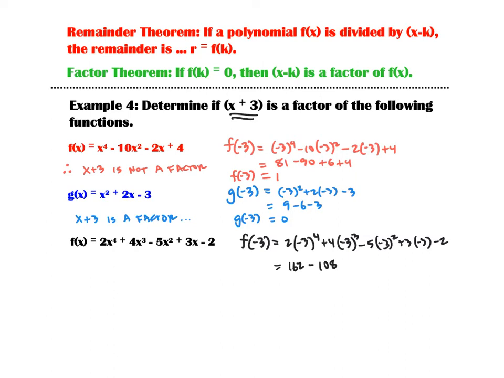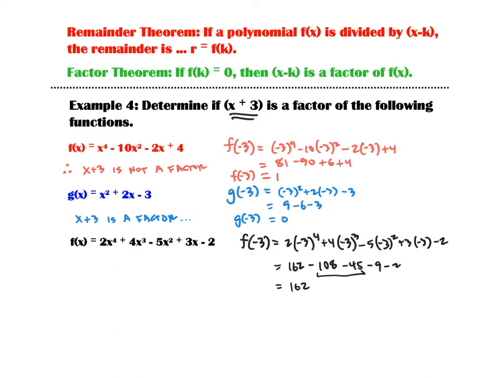Okay, and then 9 times 5 is 45, minus 45. And minus 9 and minus 2. So let's see if this all adds up to be what I'm thinking it will be. That's 162. That'll be 153. And 11 more.